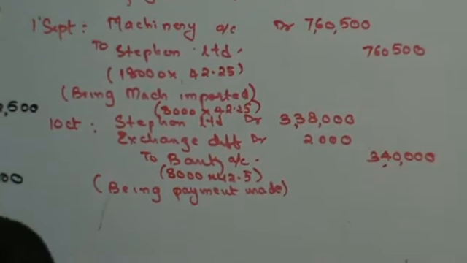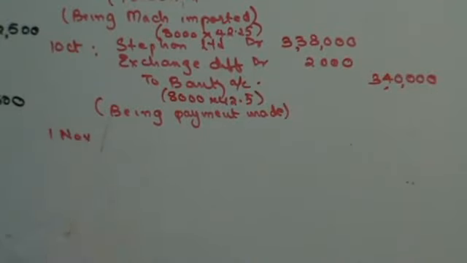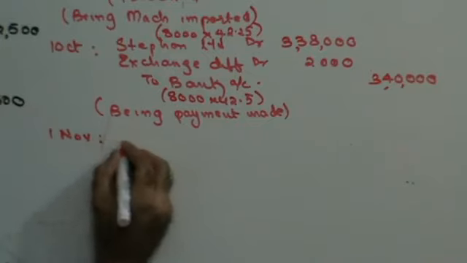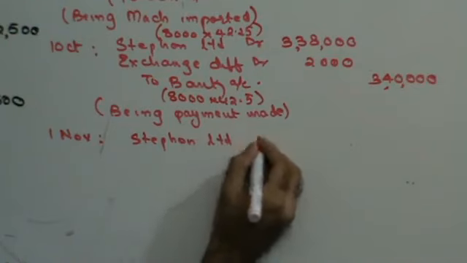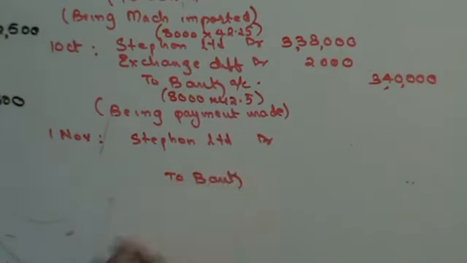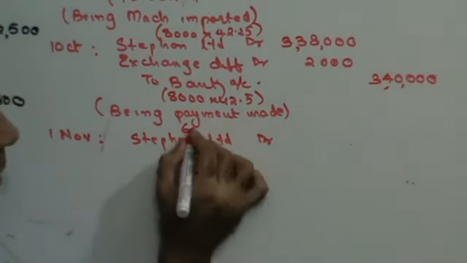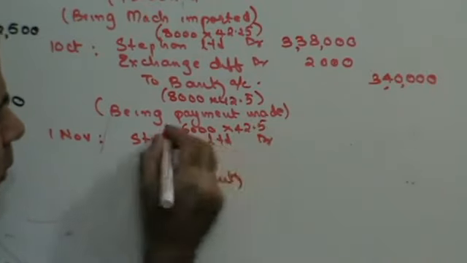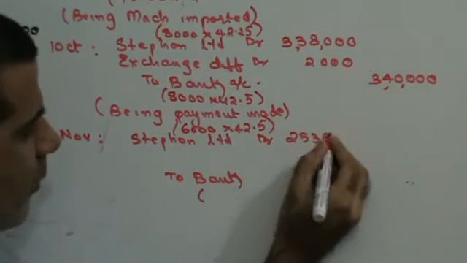After that you have on 1st November, you made a payment of $6,000. Debit the receiver, Stephen Limited account debit to bank. You had imported at the rate of 42.25, so 2,53,500.